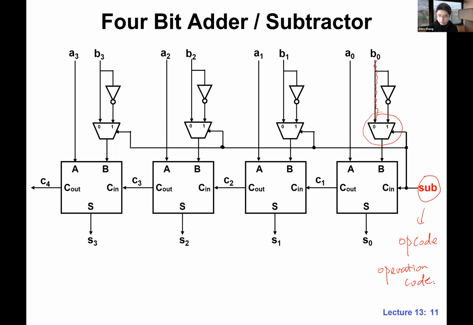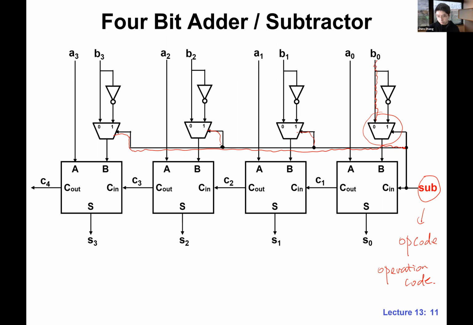And this is so-called multi fan out. If you look at the signal, this signal is driving multiple muxes, in this case 4 muxes. Again, if it's 1, then we take the original B0, B1, B2, B3. Otherwise, we take the flipped version.